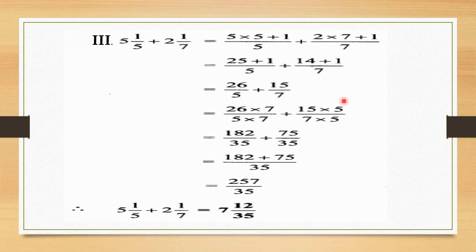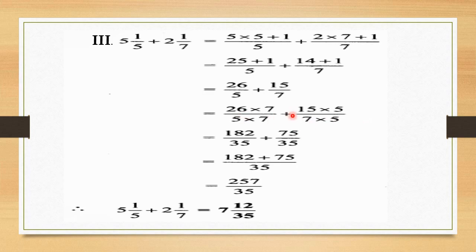So we have to take common denominator. That's why for both numbers we will multiply. Here for 26 by 5 we will multiply both sides by 7, and for 15 by 7 both sides we will multiply by 5. So 26 multiplied by 7 upon 5 multiplied by 7 plus 15 multiplied by 5 upon 7 multiplied by 5.